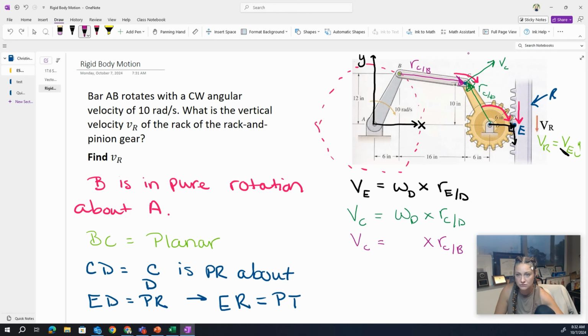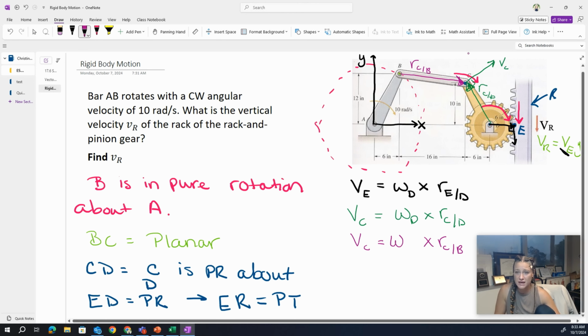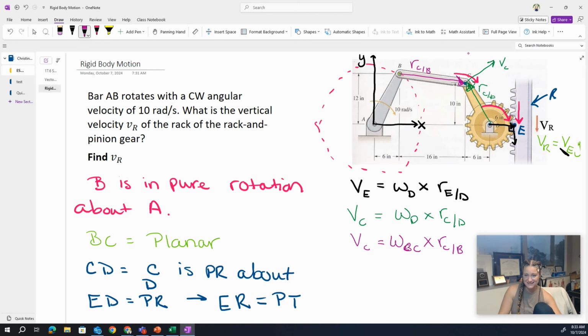You can't do a perpendicular velocity here because this is not a pure rotation. It's planar, so you can't just add another V. This is still the velocity of C. But now I have to say, well, what omega is it? It's going to be omega BC, because it's going to be whatever that omega is. Well, man, so I still have two unknowns. I don't know what that is.